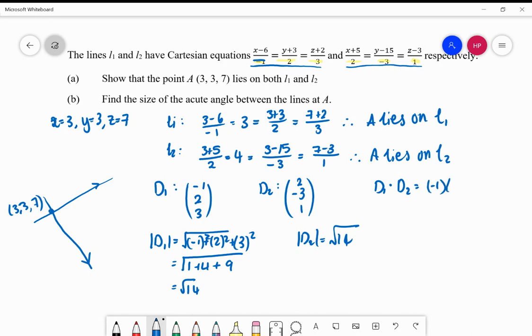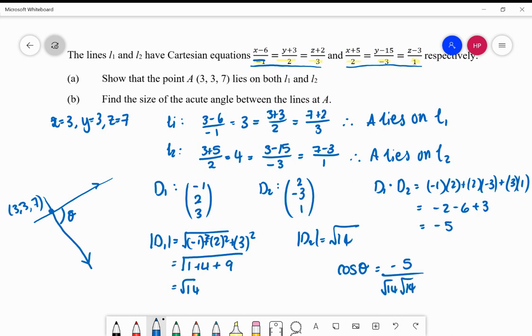Minus 1 times 2 plus 2 times minus 3 plus 3 times 1, which is minus 2 minus 6 plus 3. Minus 5, I believe. So cos theta, our angle of divergence, is minus 5 over square root of 14, square root of 14.